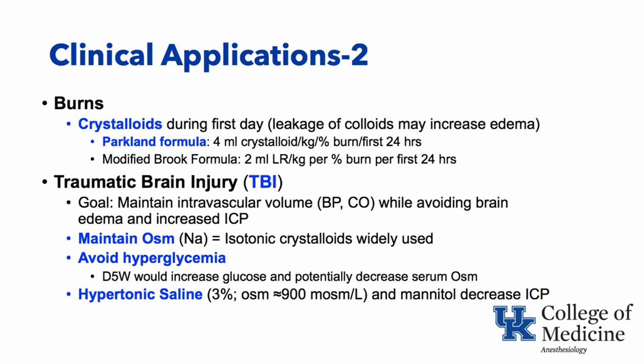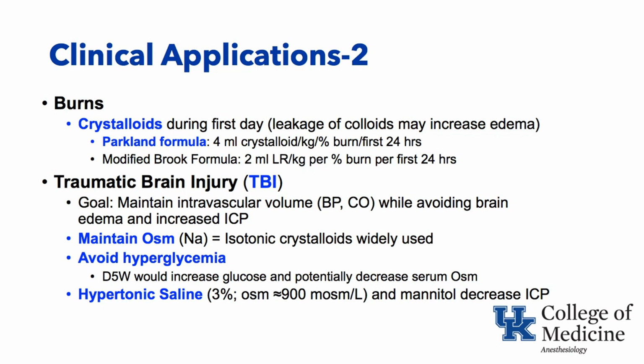We should avoid hyperglycemia because D5W would increase the glucose, potentially causing worsening of ischemic or traumatic brain injury, and also potentially decreasing serum osmolarity, as the water from the D5W would decrease serum osmolarity.